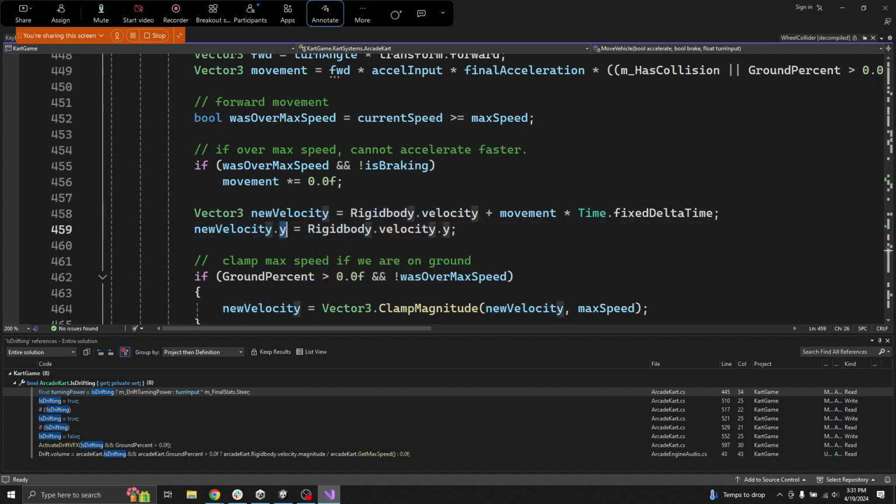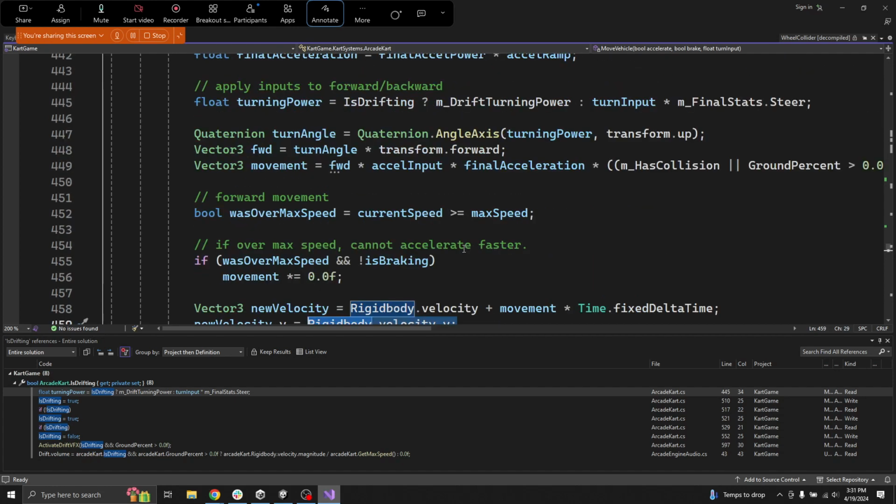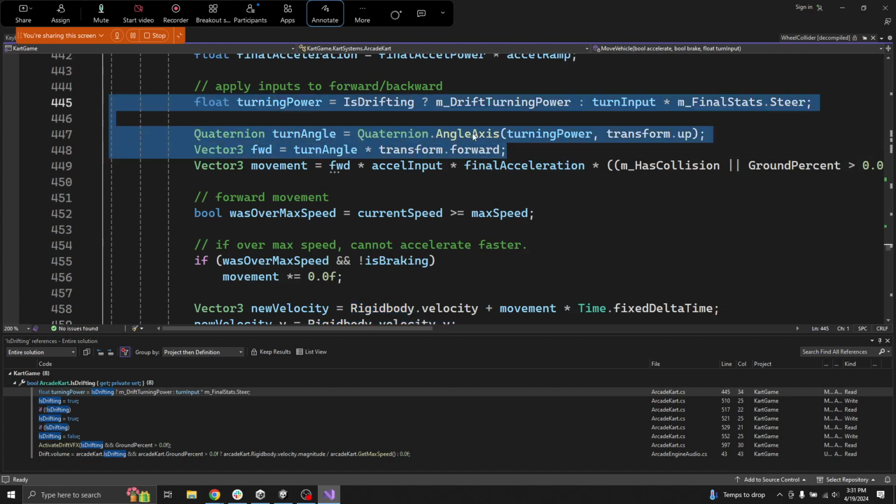And then it looks like, hey, whatever the y was that we just calculated, just go back to our original y from our rigid body for whatever reason. So it looks like they're doing a lot. I just wanted to make a quick note. They're doing a lot of their turning manually.